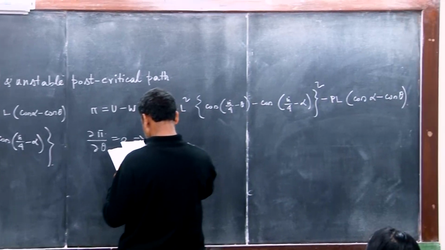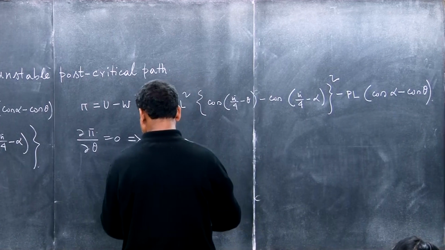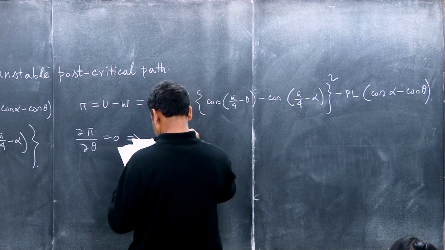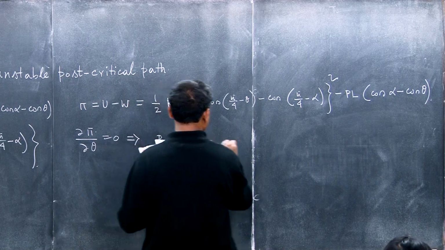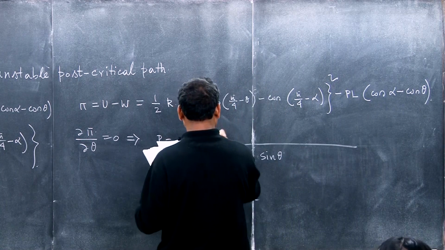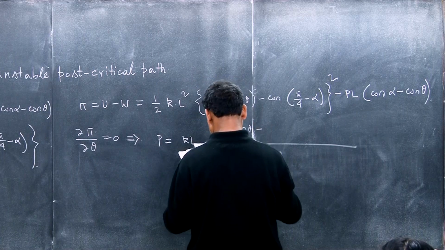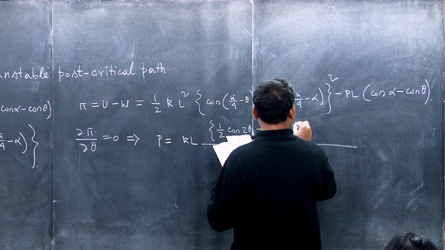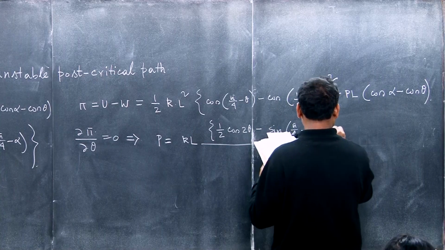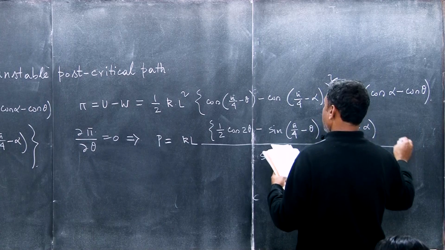the equilibrium path, P will be kL, and here it will be sin theta, and here it will be half cosine of 2 theta minus sine of pi by 4 minus theta, cosine of pi by 4 minus alpha.